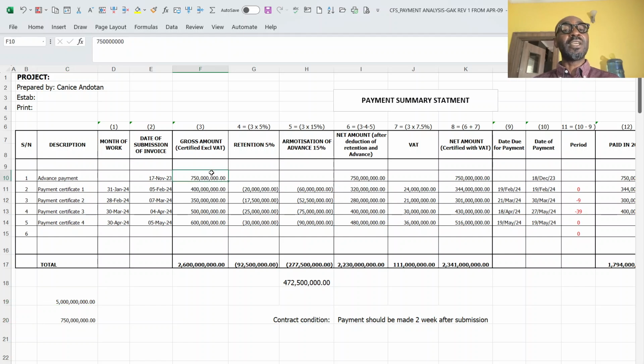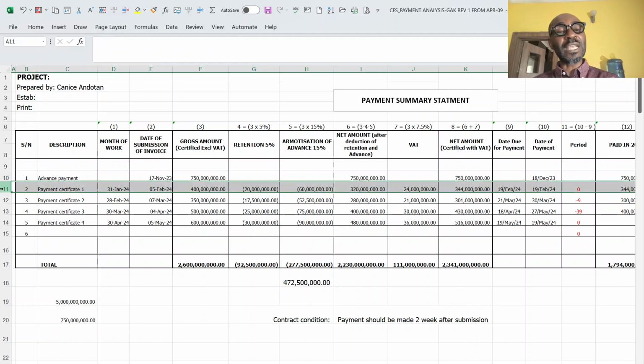That is why you see in my payment schedule, the first payment I received from the client is 750 million naira. Because it is an advance payment, retention will not be deducted from it, amortization will not be deducted from it. The same 750 as net, because it is the total figure that was given to me.